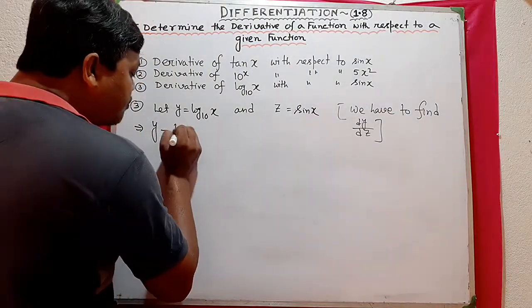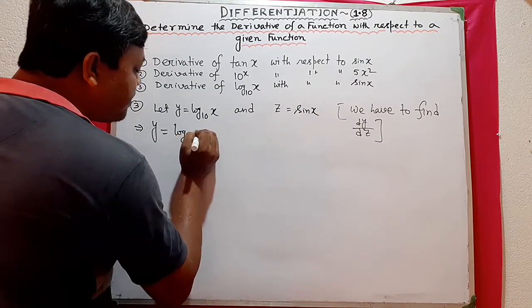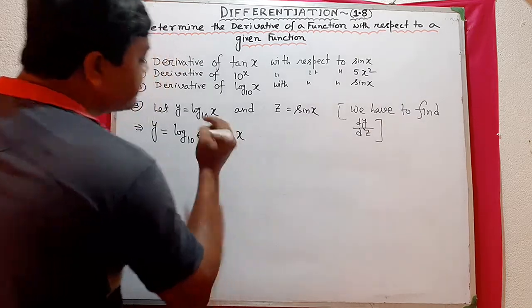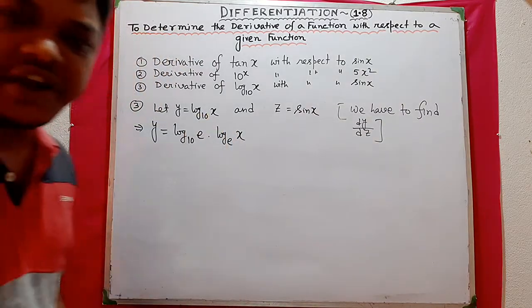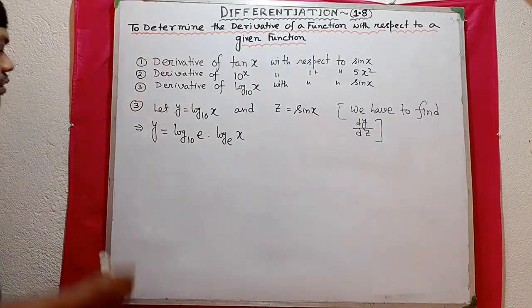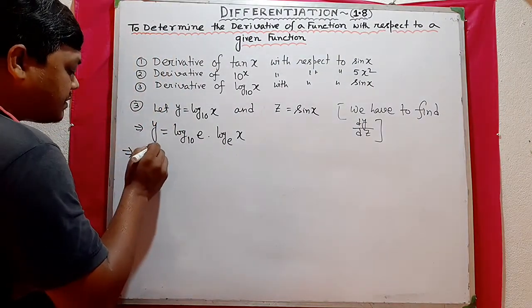So how? We can write log 10 base e into log x base e, according to the chain rule or product rule of the logarithm. So now differentiate with respect to x both sides.